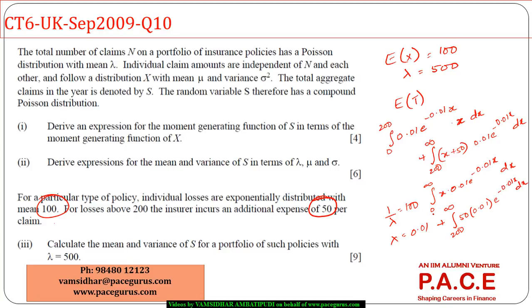Now this is nothing but the expected value of x, which is 100. Plus 50 times the probability that x is greater than 200. So I could write it as 50 times e power minus lambda x, so it becomes e to the power of minus 200 times 0.01.